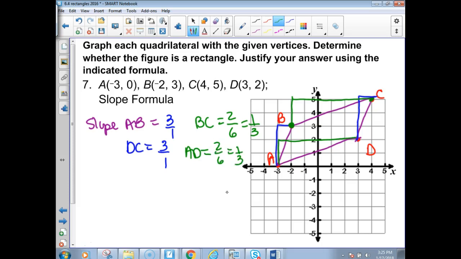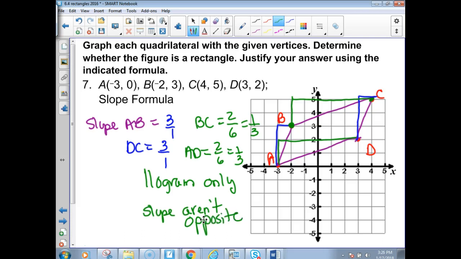So the slopes are the same. We've got a parallelogram. It's only a parallelogram. Why? The slopes aren't what? They're reciprocals, but they're not opposite. Okay, they have to be the opposite sign. So this thing's only a parallelogram.